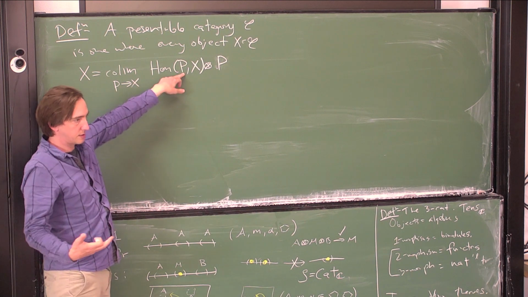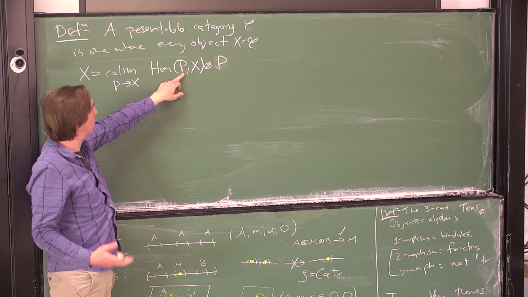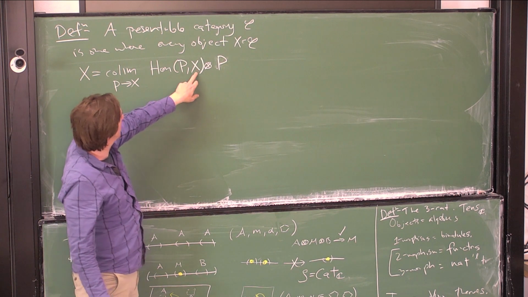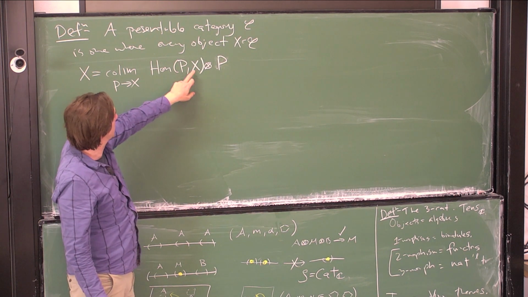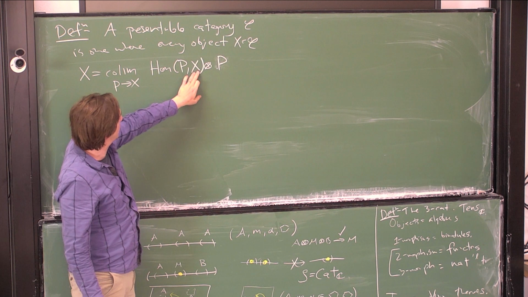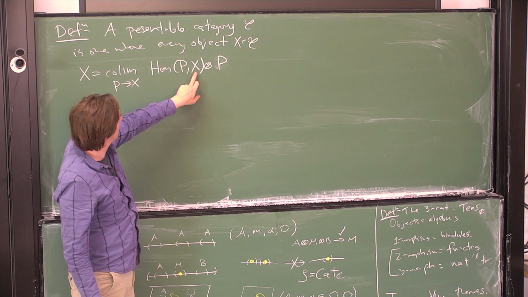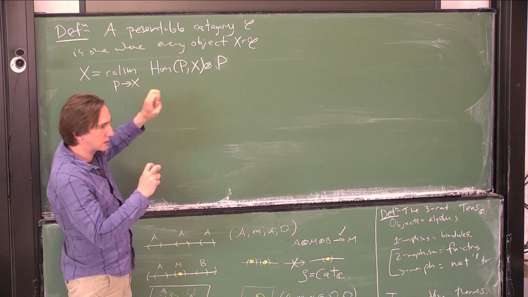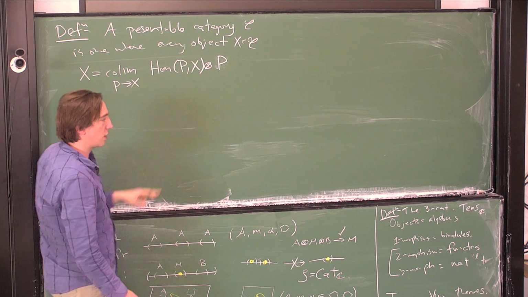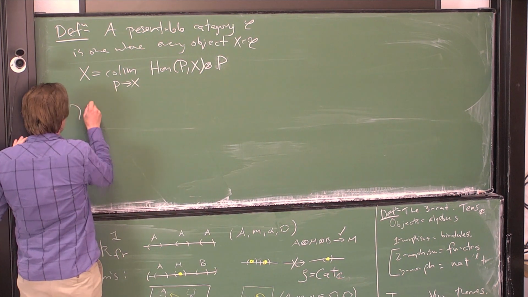Projectives are like the nice objects that you want to work with in category theory. To say that something is presentable is to say that you can write X in the basis of the nice ones. So it really invites you to think about a Hilbert space analogy.